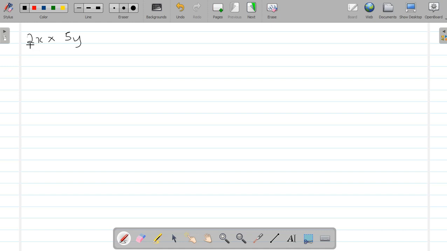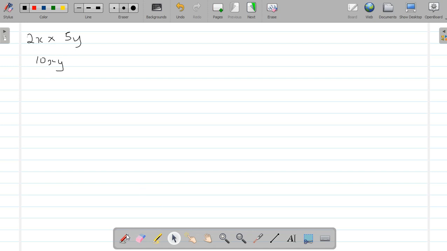So if I multiply 2 and 5, my result is going to be 10. Then when I multiply x and y, my result is going to be xy. So that is the simplification of these particular terms.